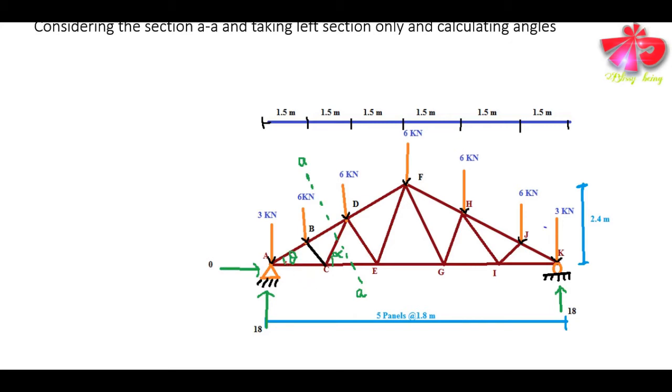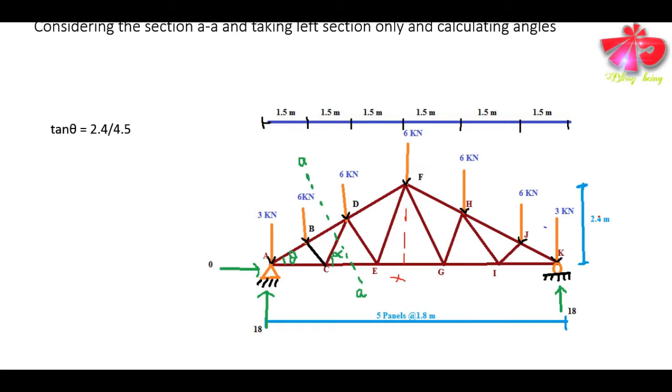The angle theta is determined with the help of this big triangle AFX. So we can easily use tan theta equals to distance.